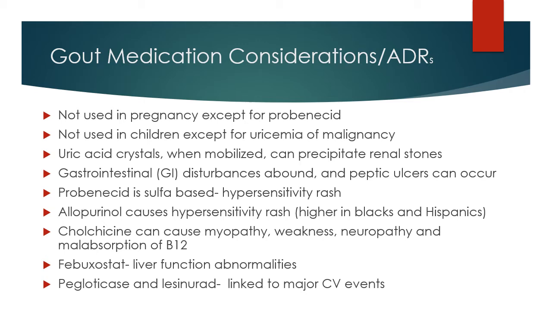And colchicine can cause myopathy, weakness, neuropathy, and problems with malabsorption of B12. Febuxostat, we need to watch liver function abnormalities. And then pegloticase and lesinurad have been linked to major cardiovascular events, but more research needs to be done along those lines.